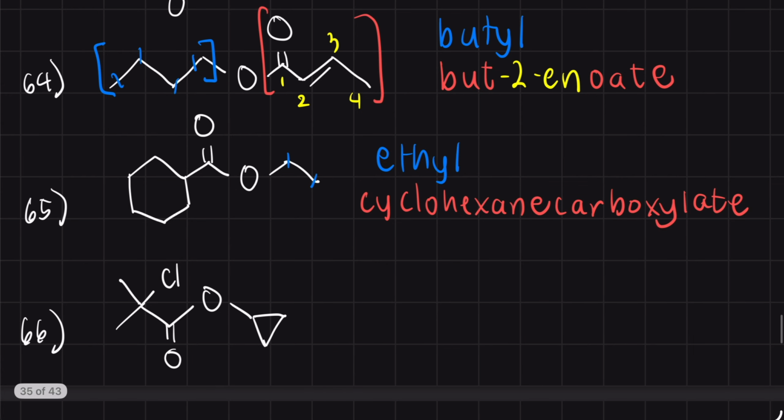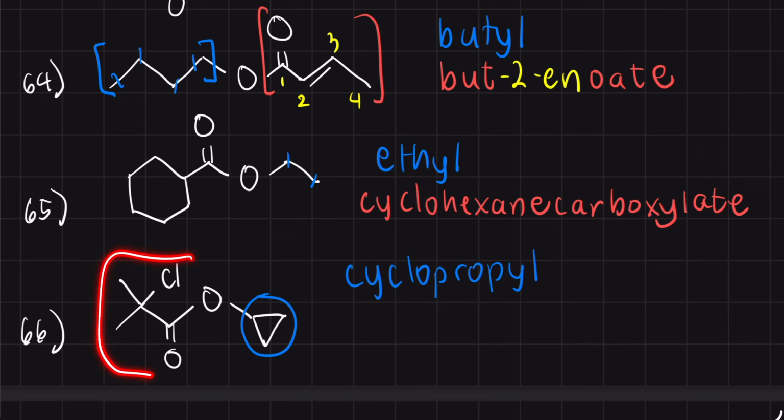And then for 66, this will be our last item. I have here the acyl group at the left, so it's still going to be alkyl oate, the usual format. So the one here looks like a simple cyclopropane. So I just write it as cyclopropyl, space and then all of this. But you can see that there's quite a lot going on here.